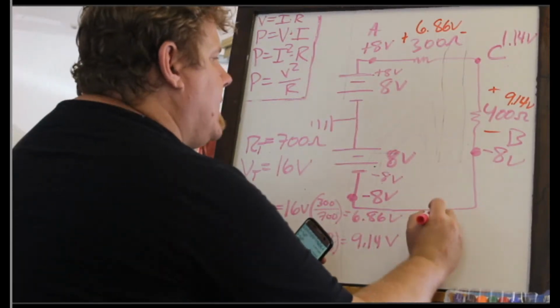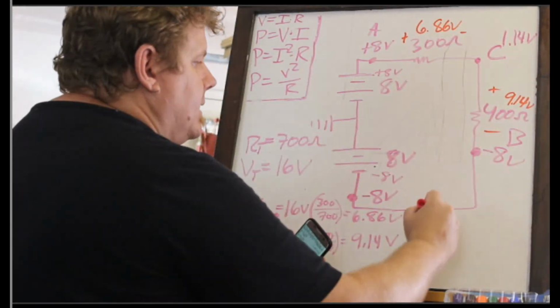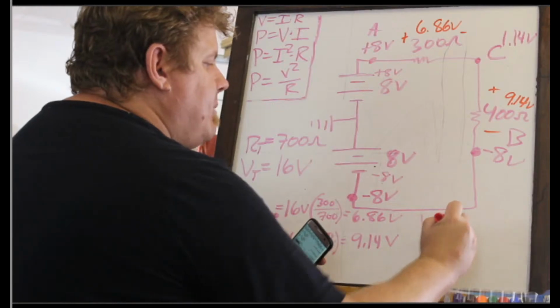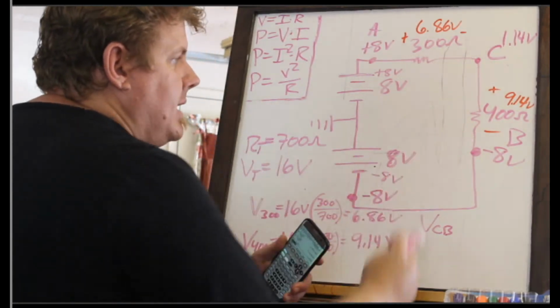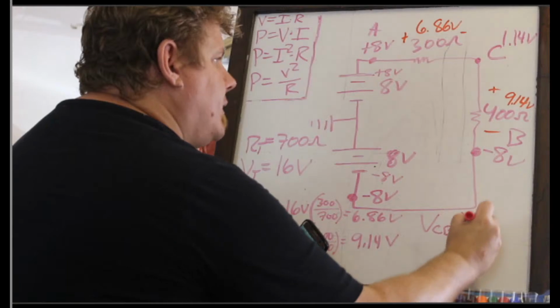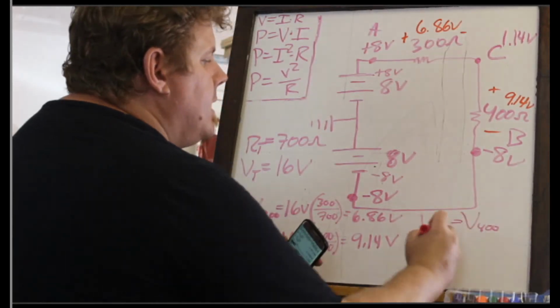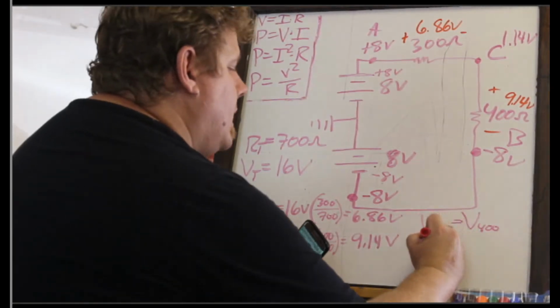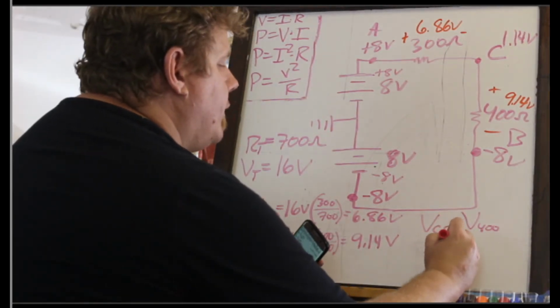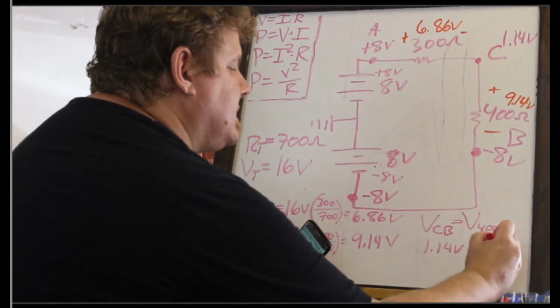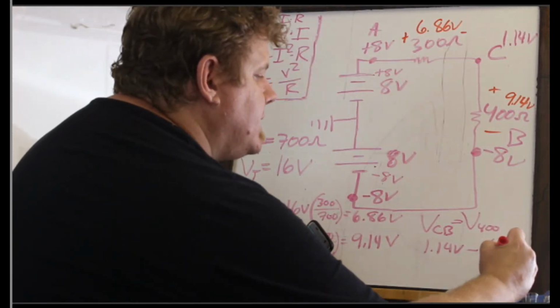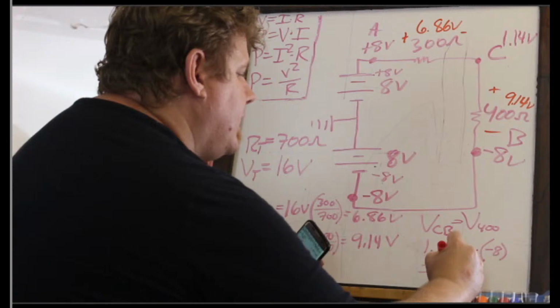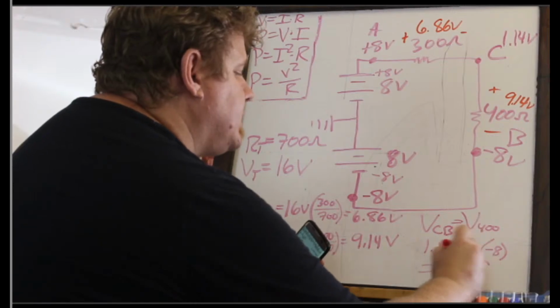If I want to know the voltage of what I would call VCB, from C to B, that's the same thing as the voltage drop across the 400. So VC is 1.14 volts minus a negative 8. And that gives me a positive 9.14 volts.